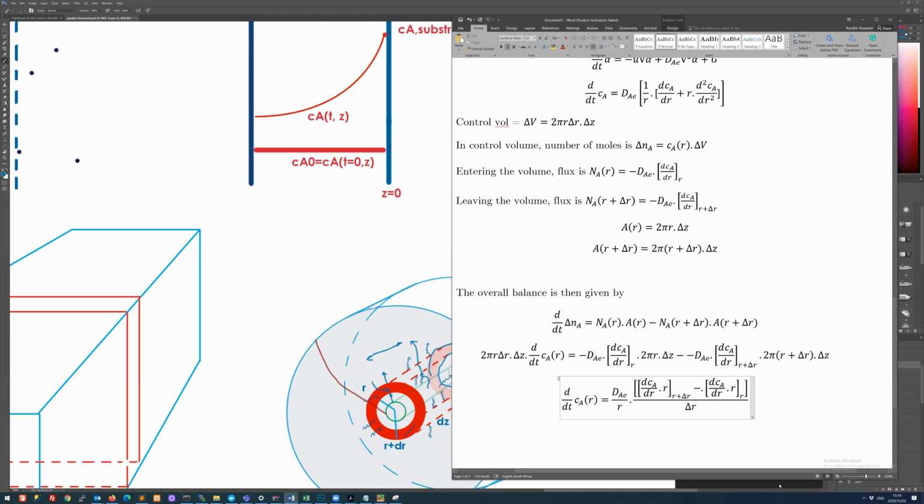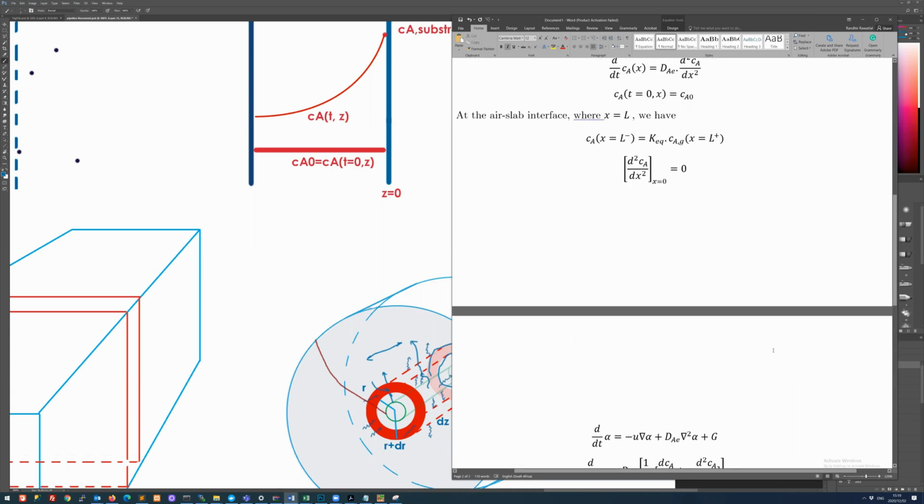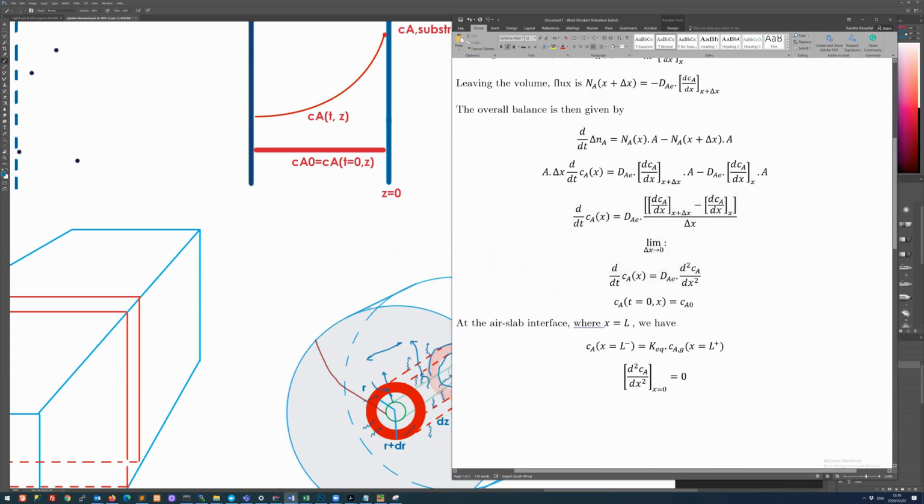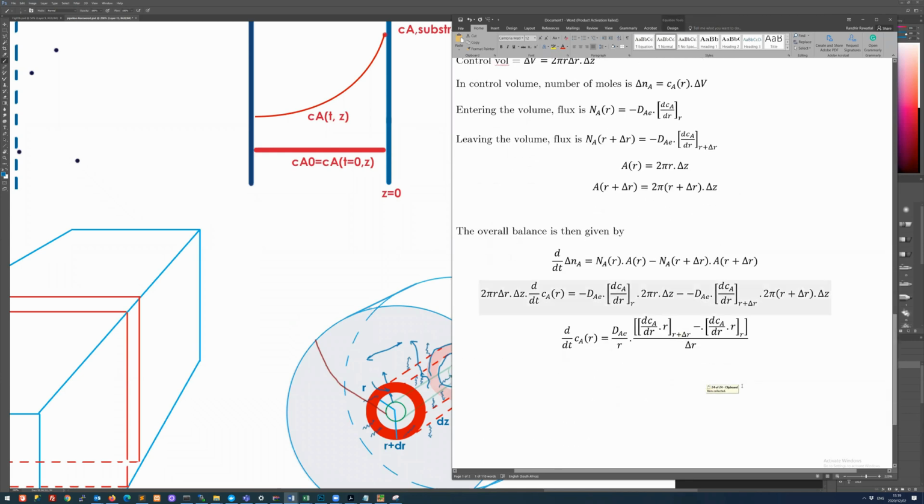Now you can see clearly that if you take the limit delta R going to 0, you're going to get a nice derivative here. I'm just going to copy that limit. It's always a bit annoying to have to write this thing.